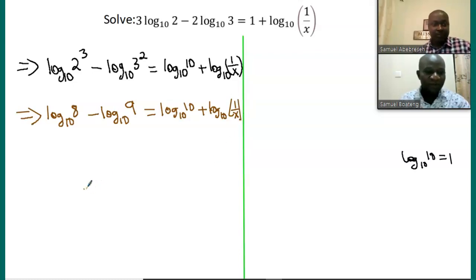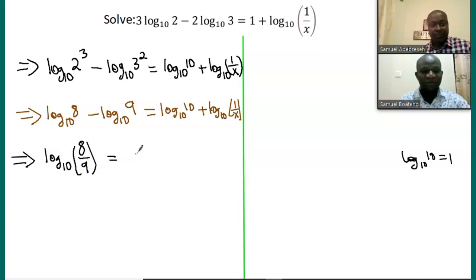When we are subtracting two logs, according to the laws of logarithm, we divide. So this implies that log to the base 10 of 8 on 9, which is equal to log to the base 10. Since they are adding, we multiply 10 times 1 on x. We have been able to express both sides as a single log.